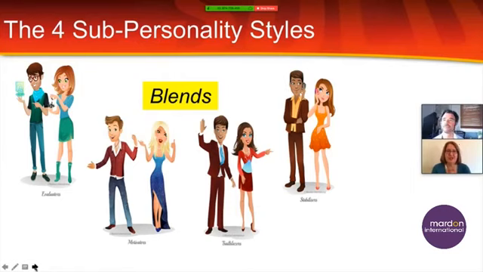So we'll also talk a little bit about the fact that you can have more than one predominant sub-personality style. We can have what we would call blends.